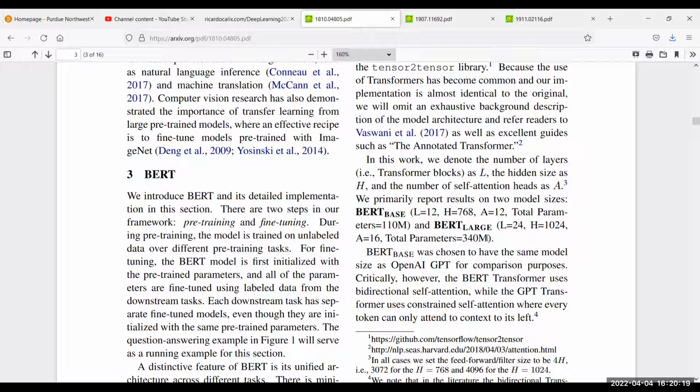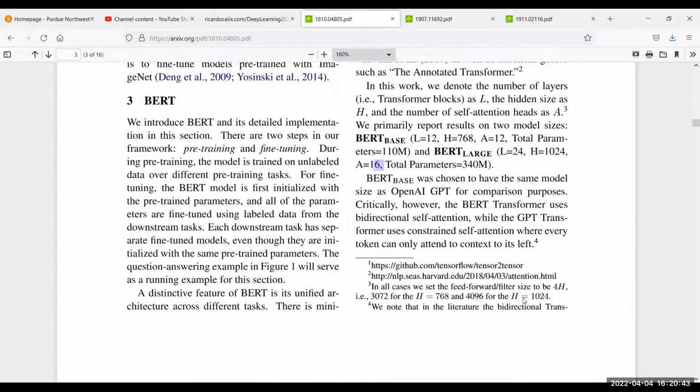Remember, those are the weights, the biases, etc. And you can see how it's much, much bigger. Other things are like the size of the hidden layers is 768 here, whereas here it is 1024. The attention heads, here you have 12, here you have 16, and so on. Base is comparable to the original GPT as they were comparing against each other.